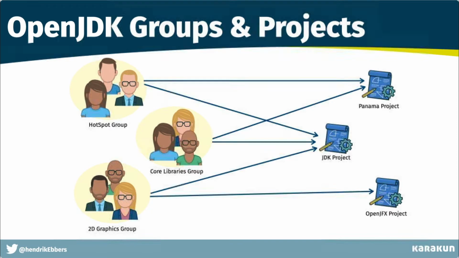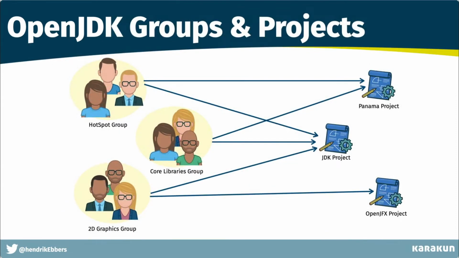So there's, for example, the HotSpot group that works on HotSpot, then the core libraries group that works on all the core Java libraries, or for example, the 2D graphics group. And then you have projects like, for example, the JDK project or OpenJFX. And now groups can work on projects, and it's not that one group only works on one project. So groups can work on multiple projects.